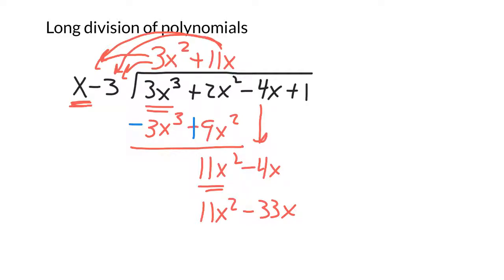So it would be 11x squared and a minus 33x. Then we will change the signs again and add down. 11x squared added to a negative 11x squared would be 0x squared, so I'm not going to write that. And a negative 4x plus 33x would be, actually, positive 29x, excuse me. And then we bring the next one down.